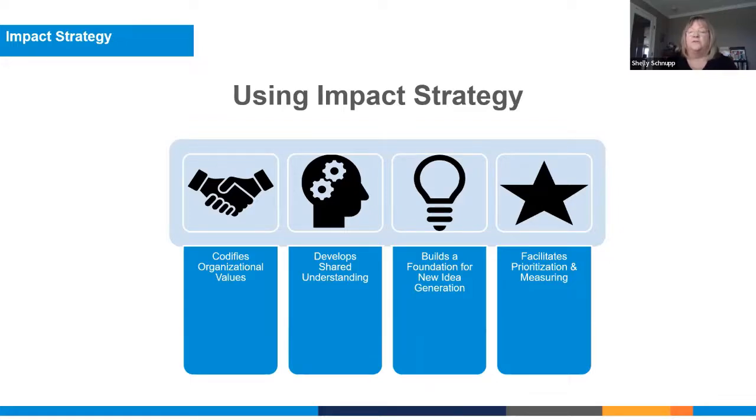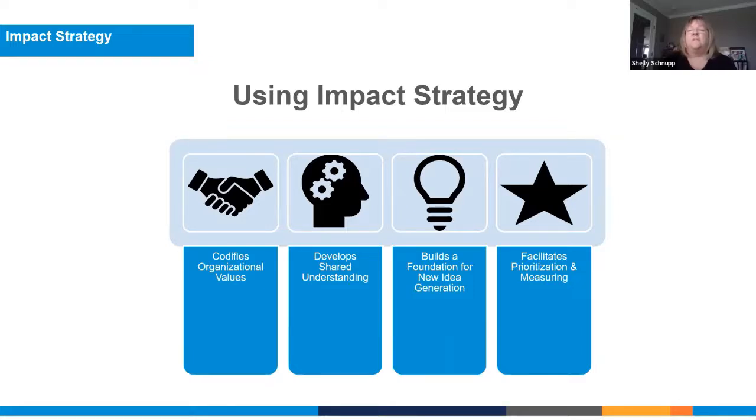Once we have a shared understanding, this can provide an important framework for action. If we don't have a shared understanding and it comes time to make decisions or take action on opportunities that are presented to us, an organization can be all over the place.